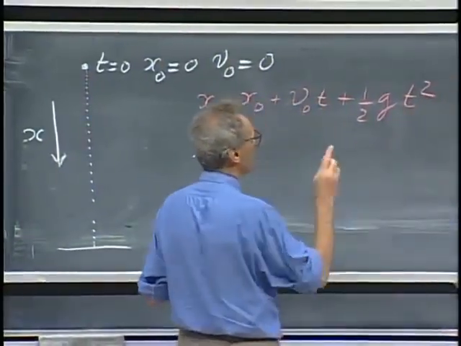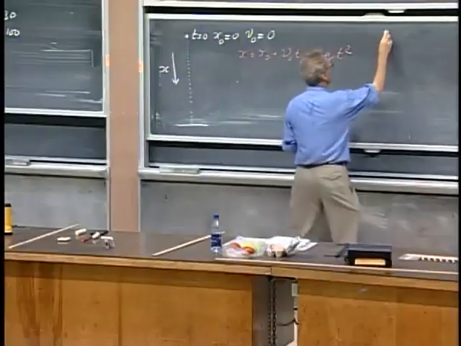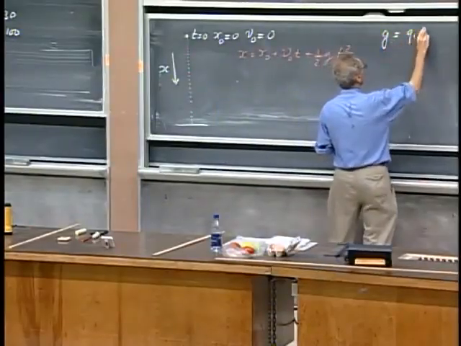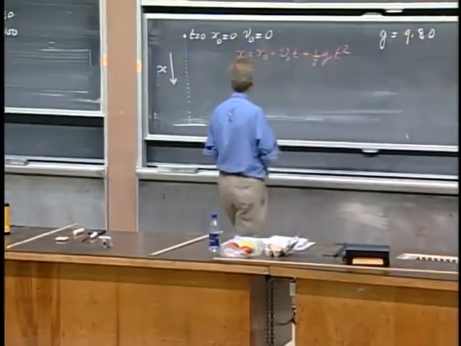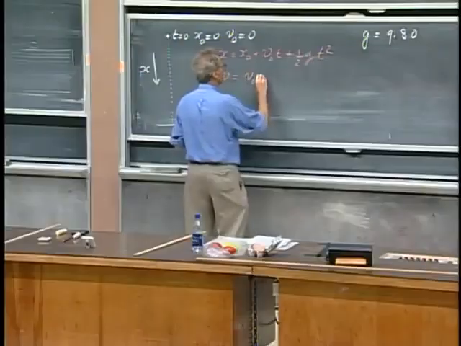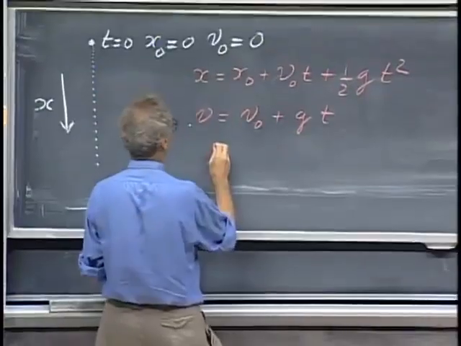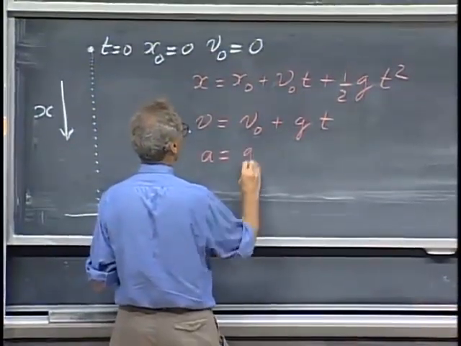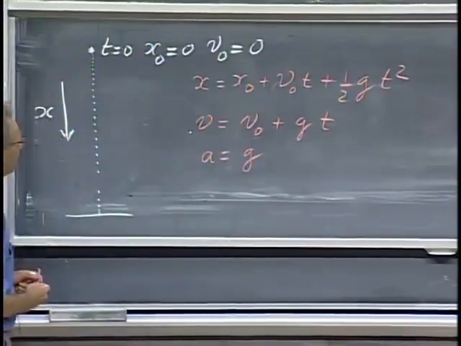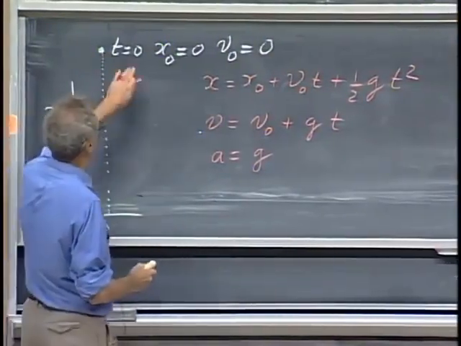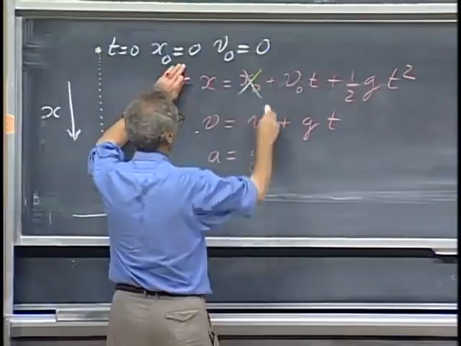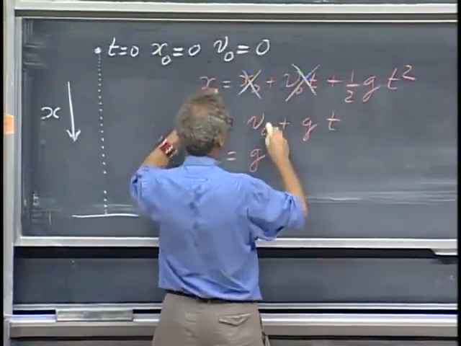And g now is 9.80 meters per second squared. The velocity at any moment in time equals v0 plus g t, and the acceleration is constant, is simply g. Now, in my case, I have chosen t equals 0, x0 is 0, and I've chosen this v0 as 0, so these go.